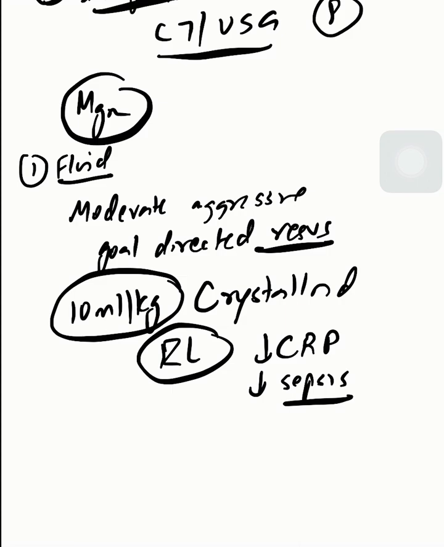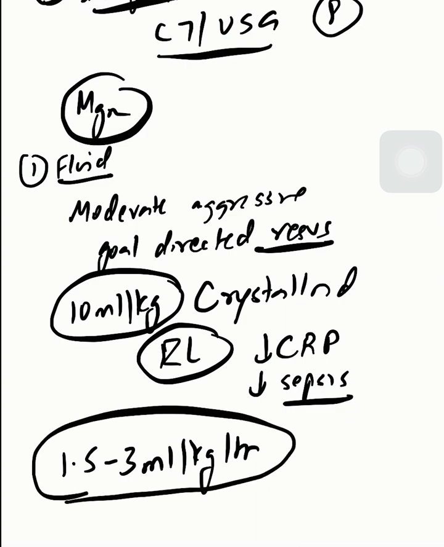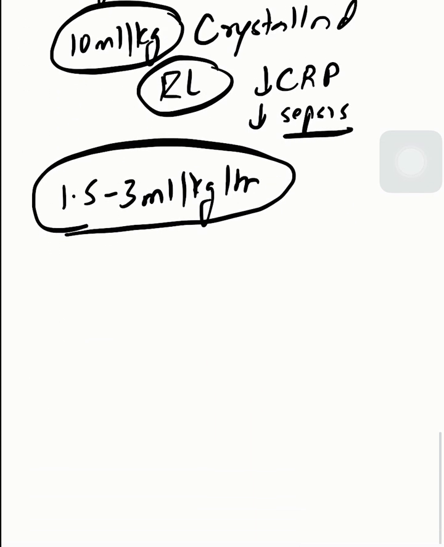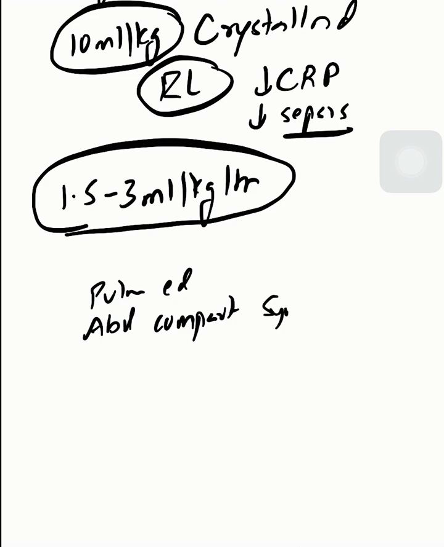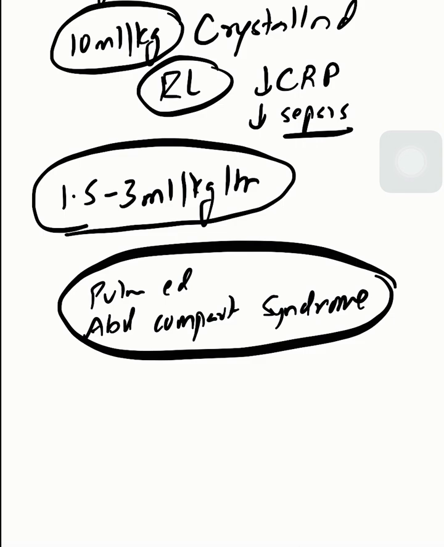We give a 10 ml per kg bolus and 1.5 to 3 ml per kg per hour of fluid after that. We have to look for any sign of fluid overload, like pulmonary edema or abdominal compartment syndrome, and if we think the patient is heading that way, then we have to decrease the fluid.